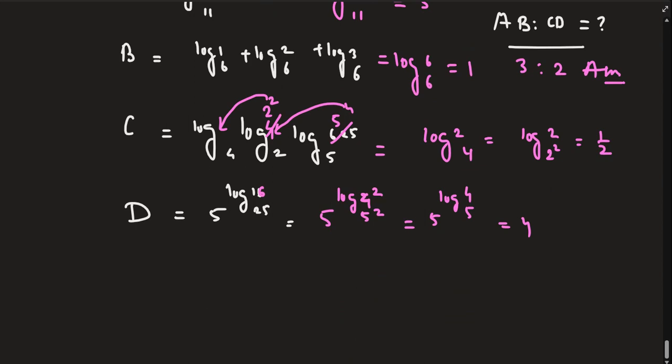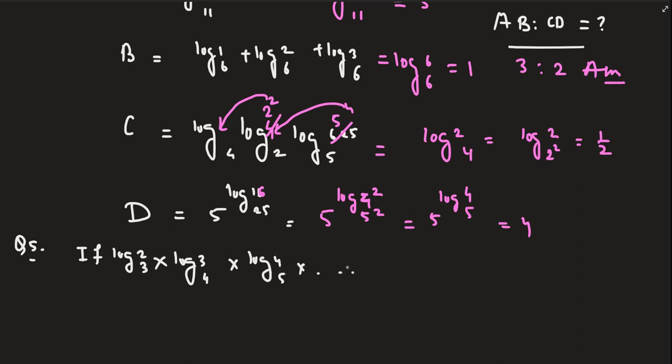Question number 5. If log 2 base 3, log 3 base 4, log 4 base 5, in this way up to log n base n plus 1, is 1 by 10, then find n.